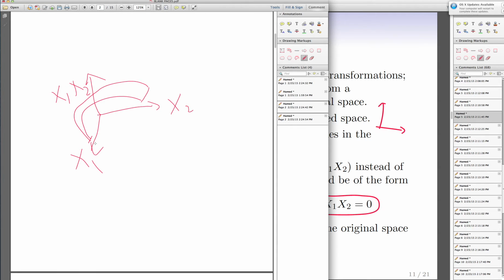If you project it on our x1, x2 plane, we get pictures like this, which are completely nonlinear. This projection, which comes from this hyperplane, is completely nonlinear.